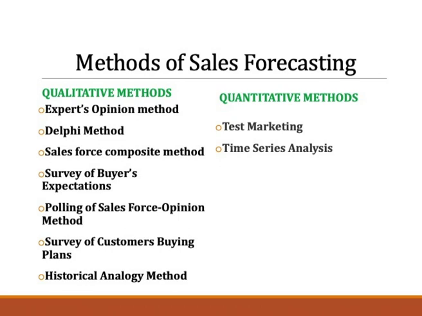So here sales forecasting can be done by using two broad categories of methods. They are called qualitative methods and quantitative methods. Qualitative methods are the methods which don't use any kinds of numerical values.